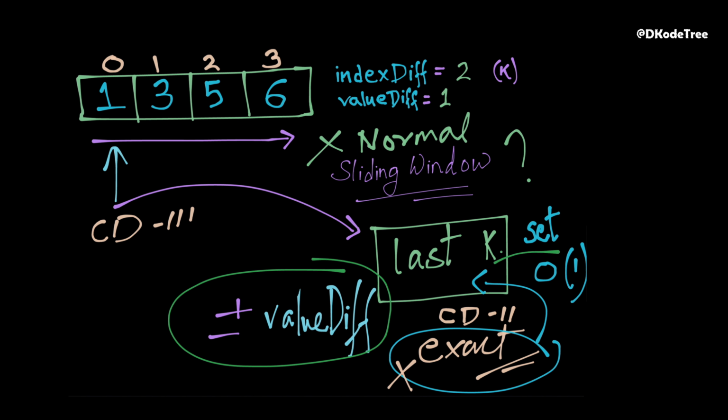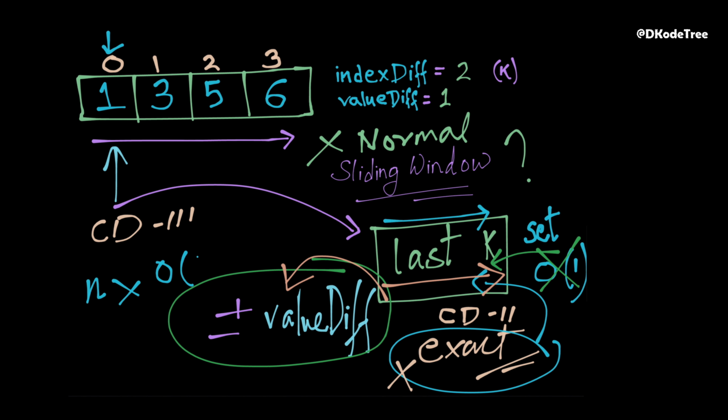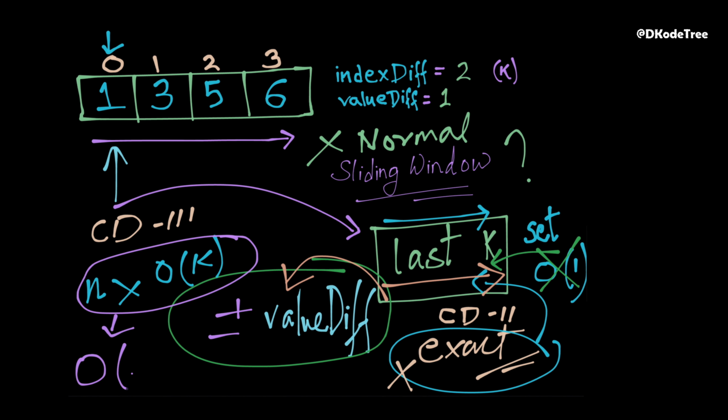So a simple O(1) lookup from the set will not work, and we would still need to search through all the k elements in the window to find a valid number. And for each of the n elements, if we do a linear search within the window of size k, it again takes O(k) time per element, which means the overall time complexity is still O(n * k), which is no better than the brute force.